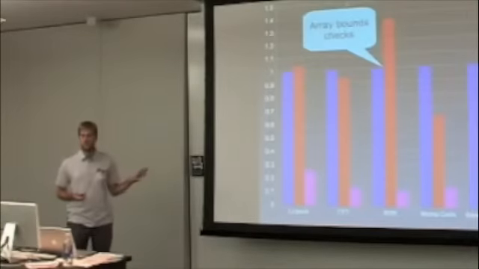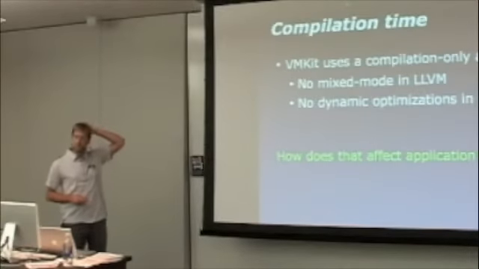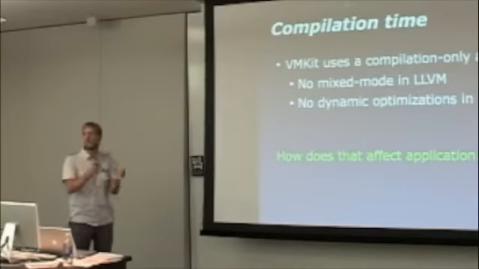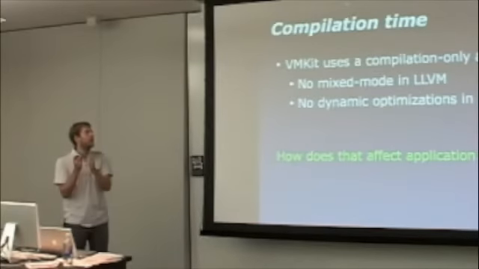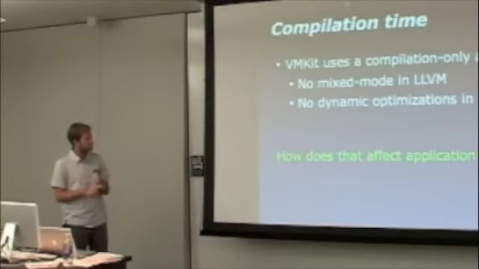I didn't show you compilation time, okay? VMKit uses a compilation-only approach, so there's no mixed mode execution, no interpretation. It's only: I have this function, I apply all these optimizations, and that's it. I have the code. So no interpretation. There's no dynamic optimization or on-stack replacement.